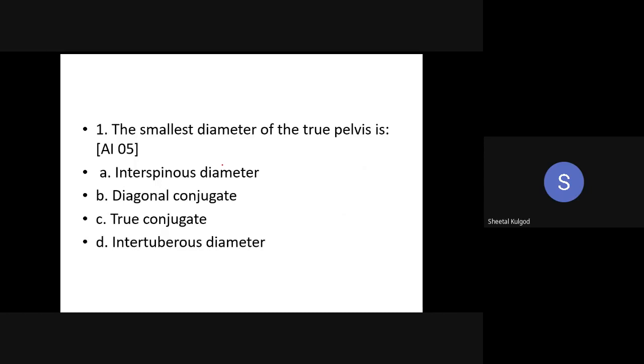So the question number 1 coming up here. The smallest diameter of the true pelvis is: interspinous diameter, diagonal conjugate, true conjugate, or the intertuberous diameter. You need to be quick here. Anybody?